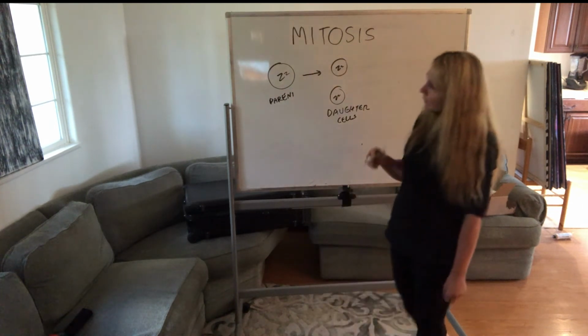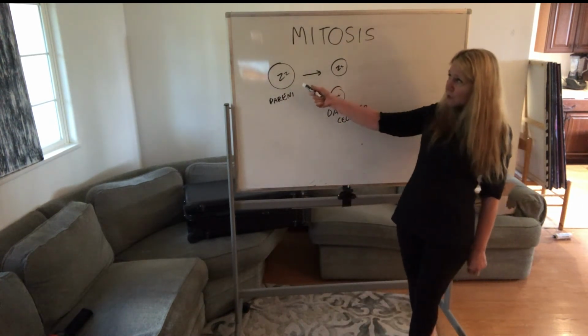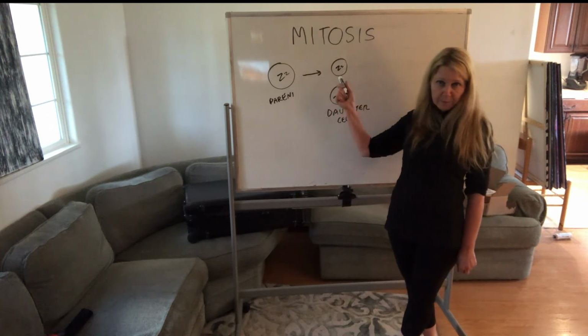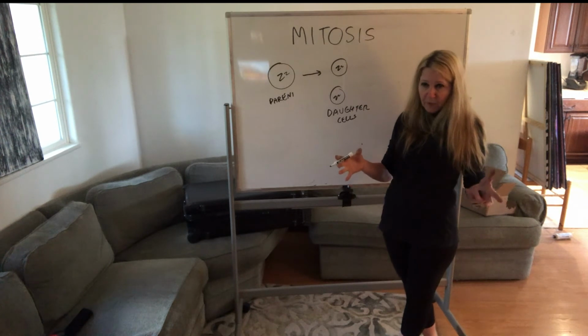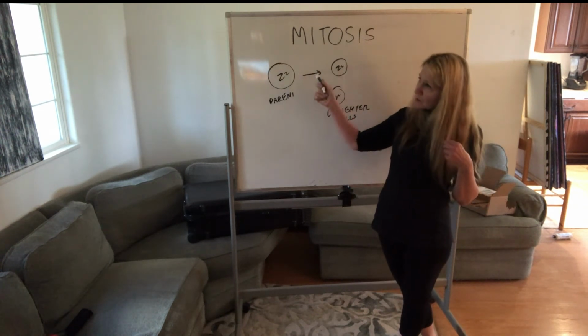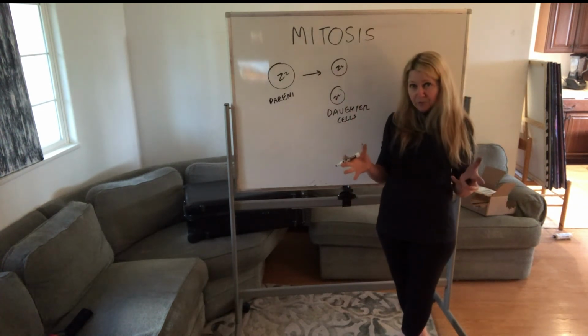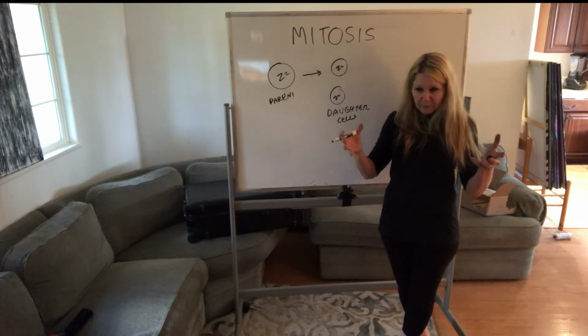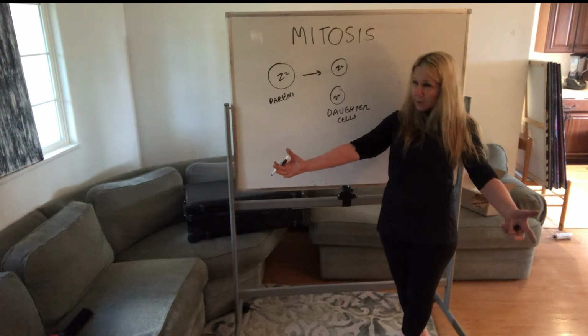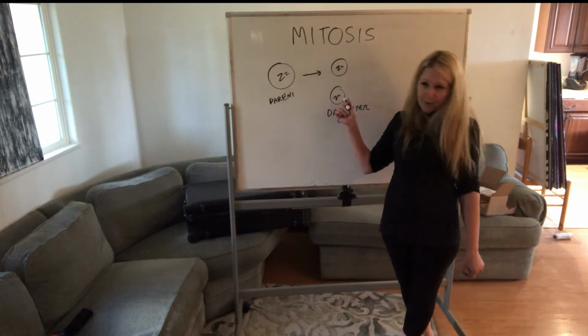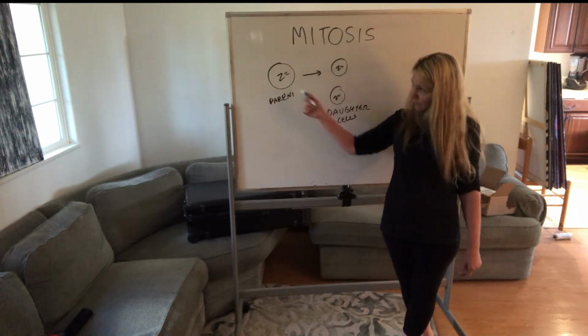Now, there are many phases the cell goes through to become two cells. You're not going to have to memorize the phases. But during this process, though, the DNA also has to replicate. It's got to make more DNA. And we learned about DNA replication. So now we have two cells from the original.